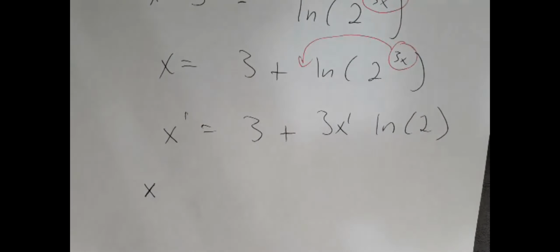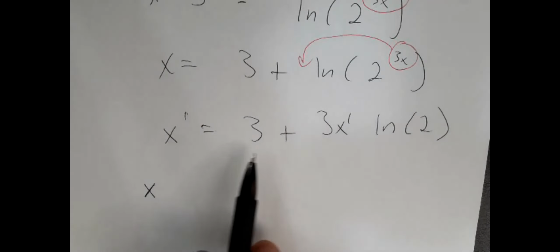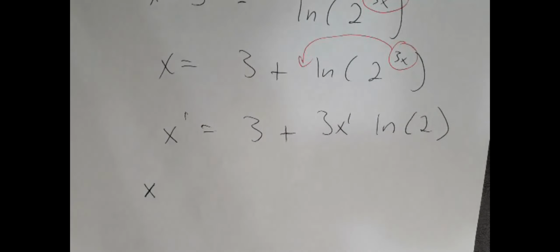How would we do that? This has an x. This does not have an x. This has an x.